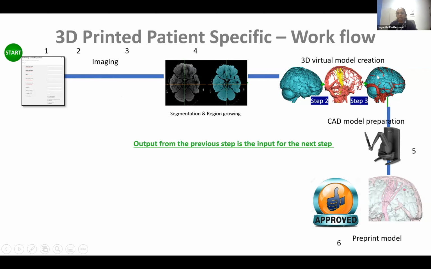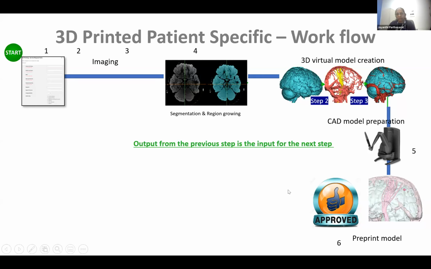And then once we create the virtual model, I go a lot using 3-matics as well as the Geomagic Freeform, which is very versatile and very comfortable to use for organic shapes, as we all know. And then the model is prepared for preprint.